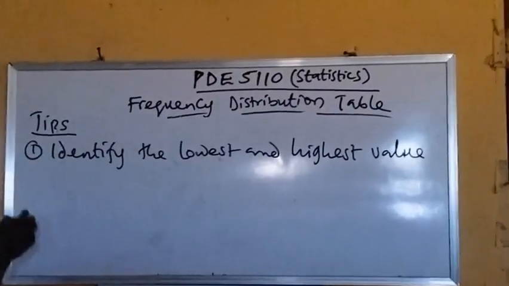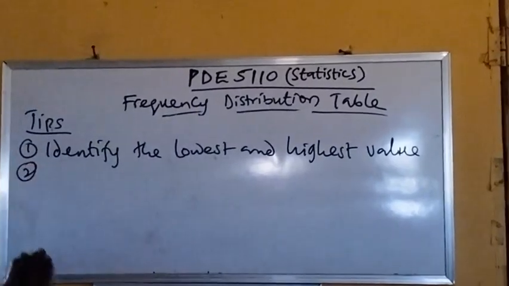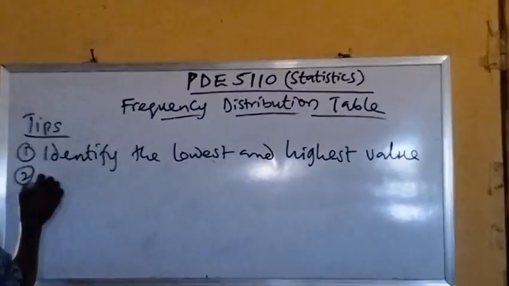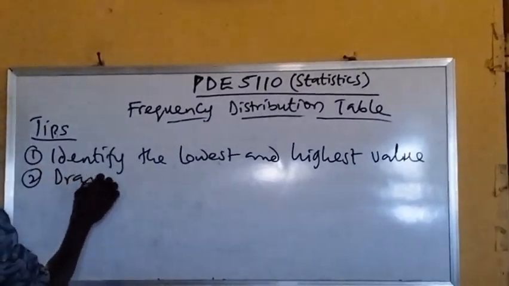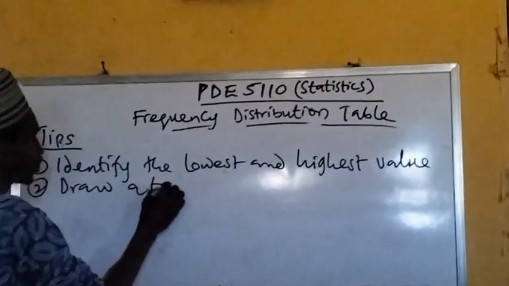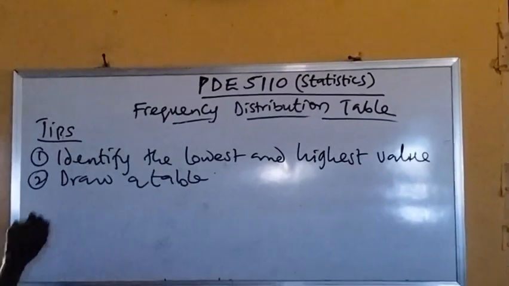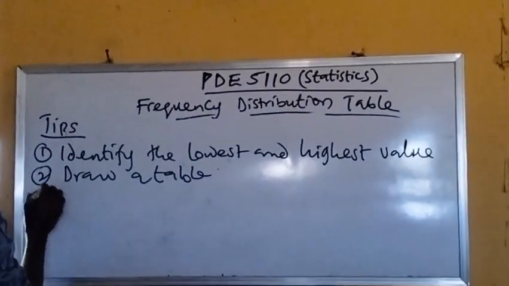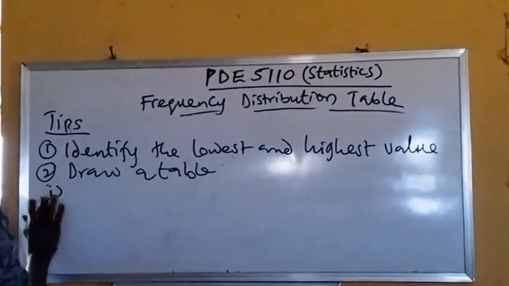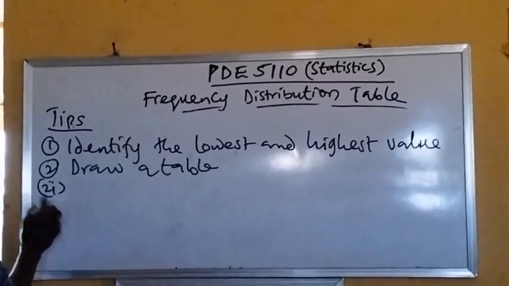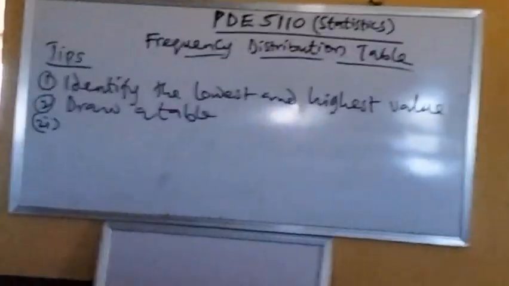Then after that, number two, we draw a table. Under the table, what we are going to have is this.